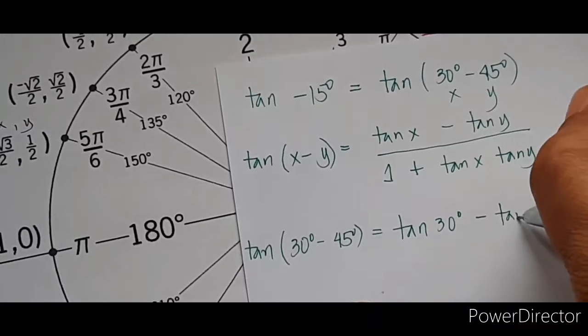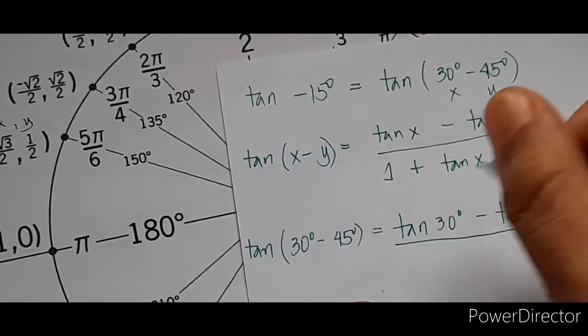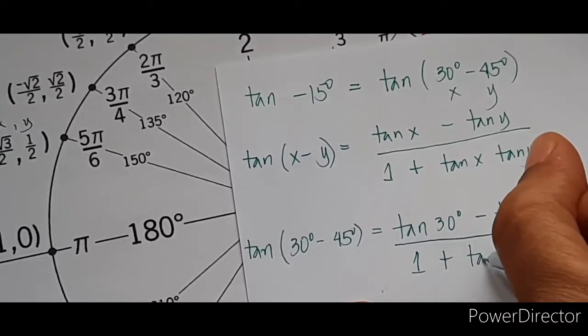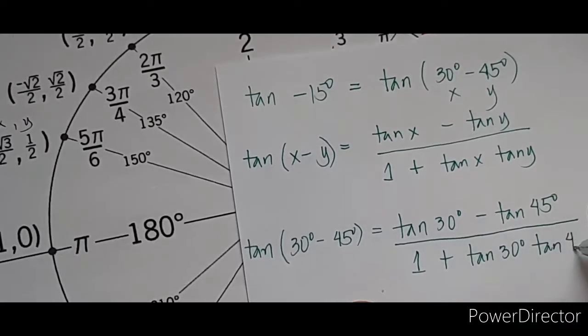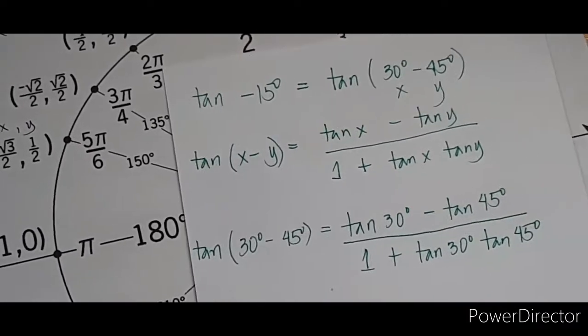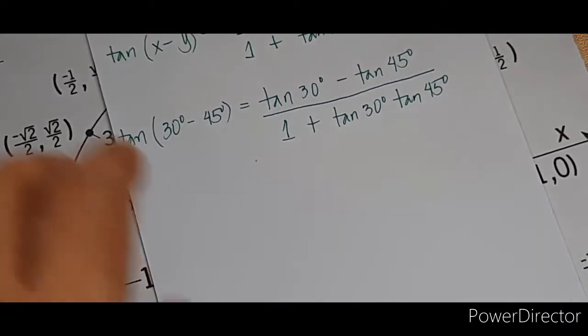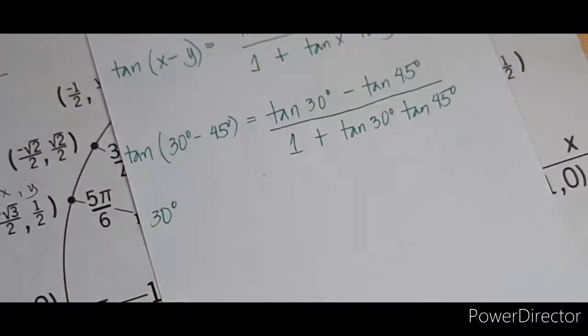Minus tangent 45 degrees over 1 plus tangent 30 degrees, tangent 45 degrees. Yan. Okay?